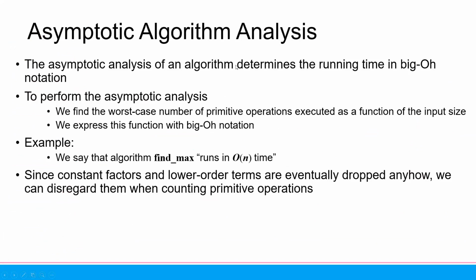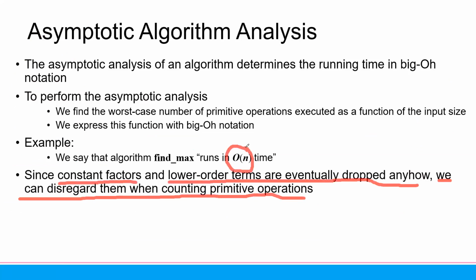Since constant factors and lower order terms are eventually dropped anyhow, we can disregard them when counting primitive operations. So you don't need to count the primitive operations when you want to find the big O. I showed you how to calculate the primitive operations because you need to know how to calculate it to get the worst case analysis.